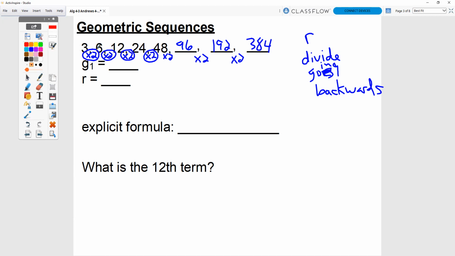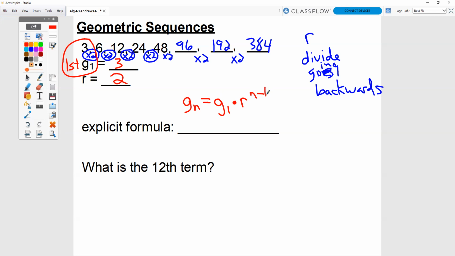All right, be careful. So our G sub 1 is our first term, whatever number happens first in the pattern. So this is 3. Our common ratio is what we're multiplying by each time. So that would be the 2. For the explicit formula, I'm only going to write this once. We have G sub n, the term that we want, equals the first term, G sub 1, times r to the n minus 1 power.